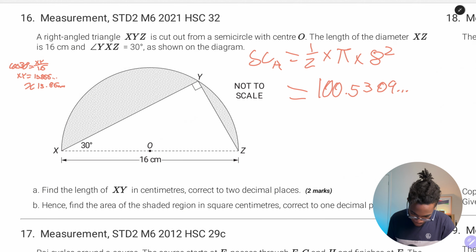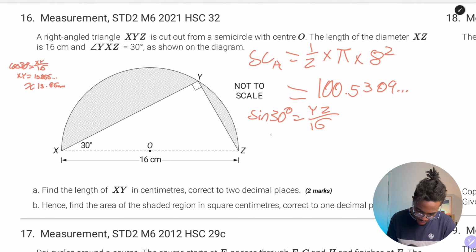And then the area of this triangle here. We're going to do half base times height, so we just need to find this side. If we calculate that quickly, sine 30 degrees equals YZ over 16.